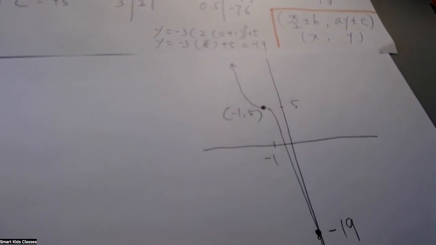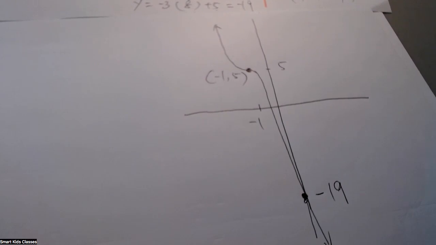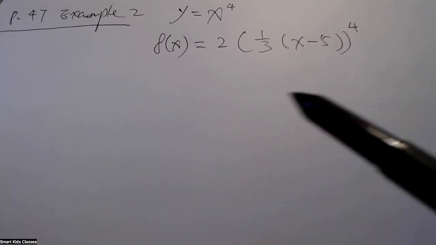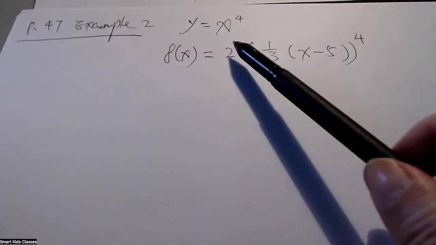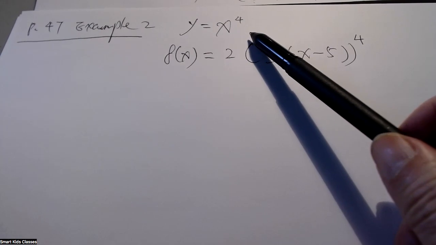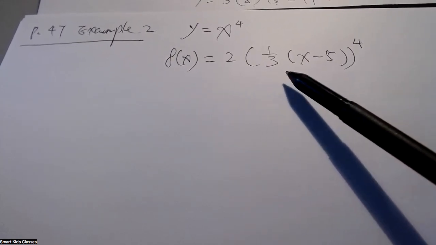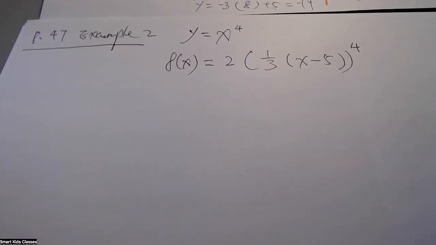Now, we are going to move on to example 2 after the example 1 plot. Now, on page 47 in the textbook, example 2, the parent function y equals x exponent 4. The equation is f(x) = 2(1/3 x - 5)^4.